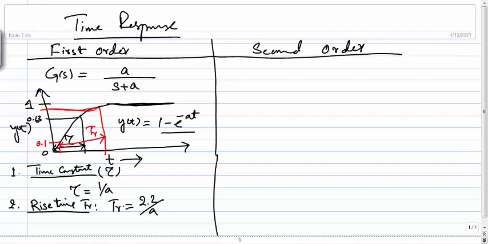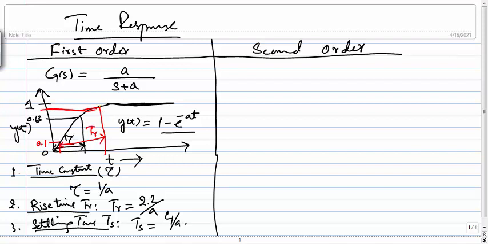And the last one for first order is the settling time. We represent it as TS. So settling time is equal to 4 divided by a. Settling time is the time when you reach within 2%.